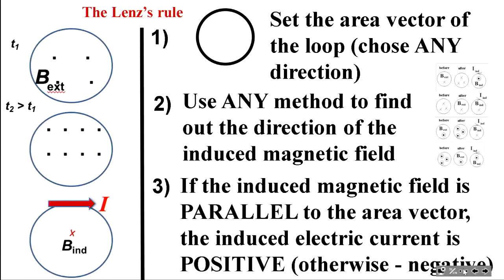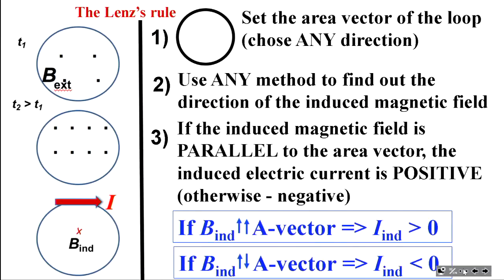But if those two directions, area vector and induced magnetic field, are opposite, we assign a negative number. And it turns out, when we say we assign, the result doesn't depend on who does that or on any observer, which we will prove very soon. So I have exactly the same statement, but now using symbolic representation. Why don't we use verbal statements in physics?